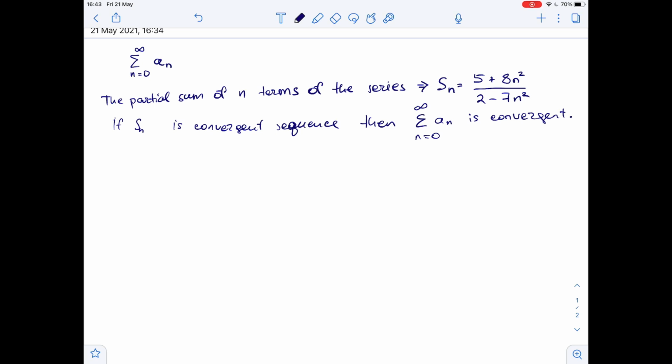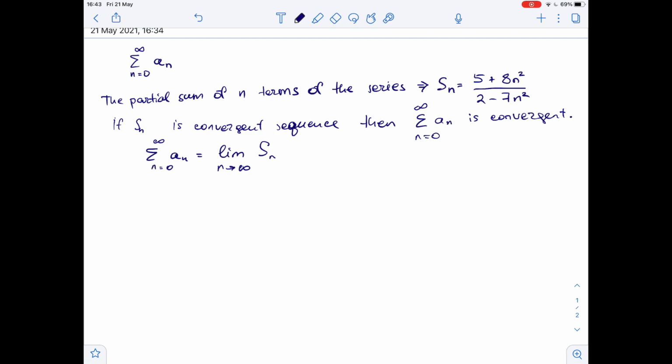Moreover, we need to remember that our given series is equal to the limit where n approaches infinity of S of n. Well, let's see how we can use it here to solve our problem.